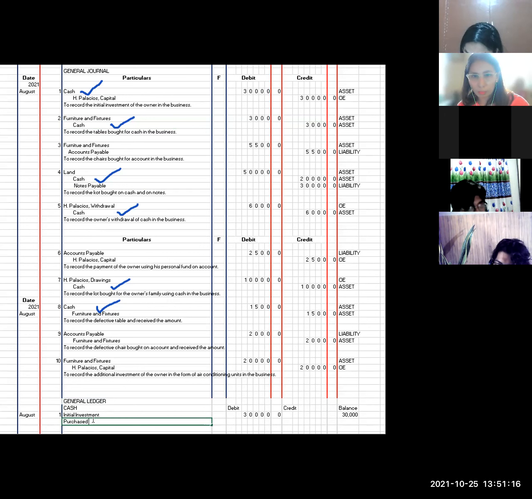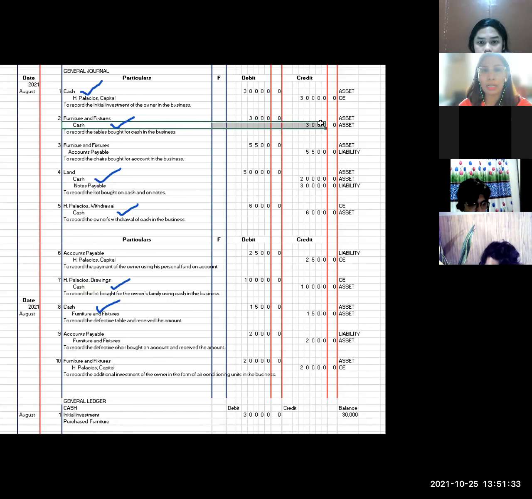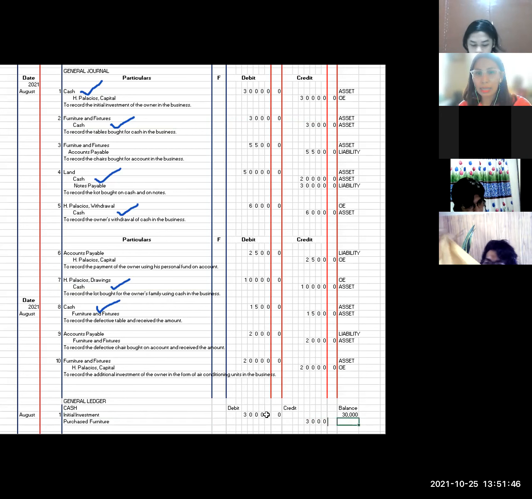Purchase furniture. So, naka-place ang cash natin on the credit side, 3,000 pesos. So, yung balance na natin is a deduction 30,000. It now becomes 27,000 pesos.